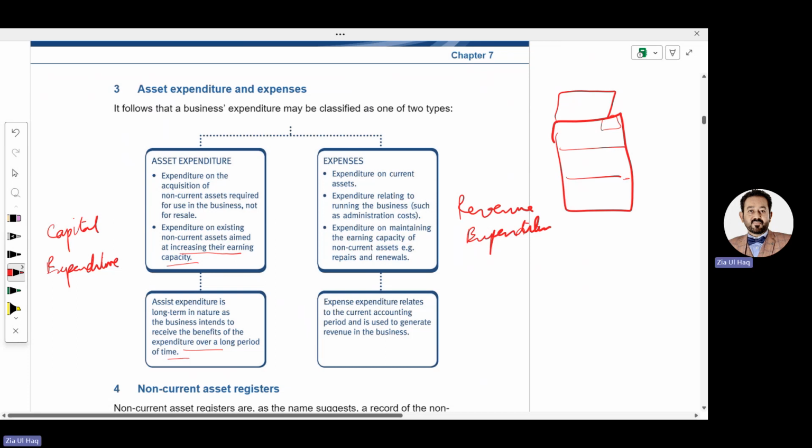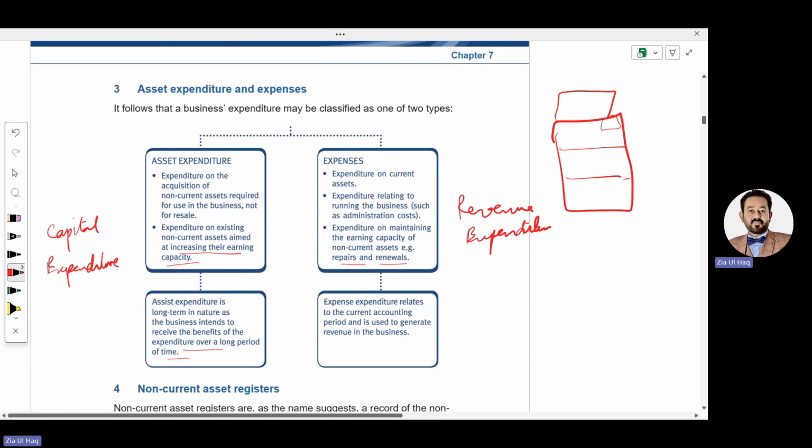Expenditure on current assets. They are not non-current assets. Expenditure relating to running the business, such as admin cost. Expenditure on maintaining the earning capacity of non-current assets, for example repairs and renewals, meaning their earning capacity will remain maintained, not increasing. If increasing, capitalize.